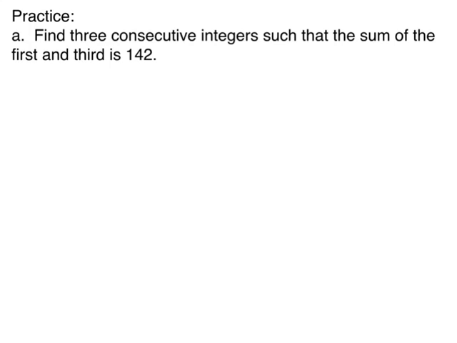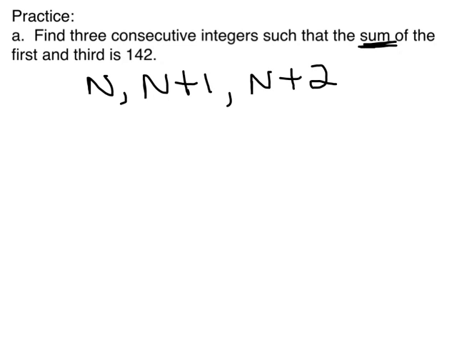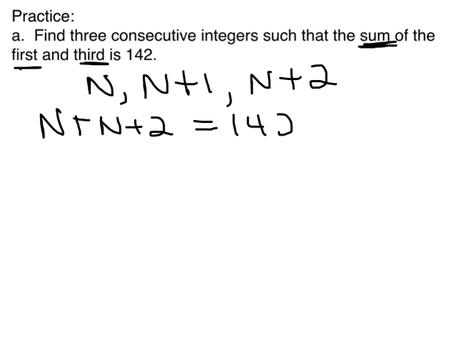Okay, on your practice problems, A says find 3 consecutive integers such that the sum of the first and third is 142. All right, 3 would be n plus 1, and n plus 2. We need a sum of the first and the third, so that would be n plus n plus 2 is equal to 142.